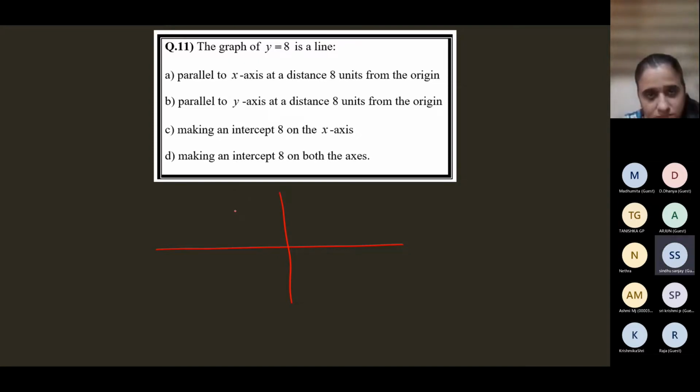Okay, one minute, children. What do we mean by making an intercept of 8 on the x-axis? Again, I have not spoken to you about x-intercept and y-intercept, right?